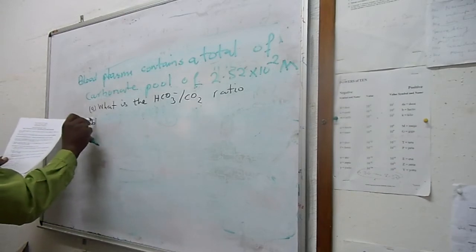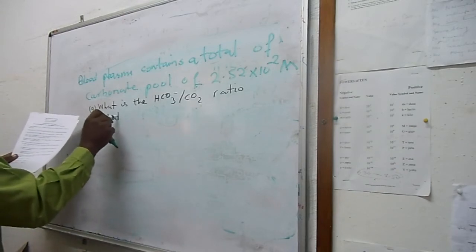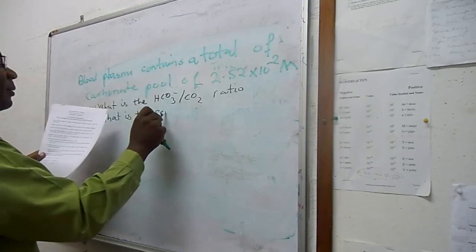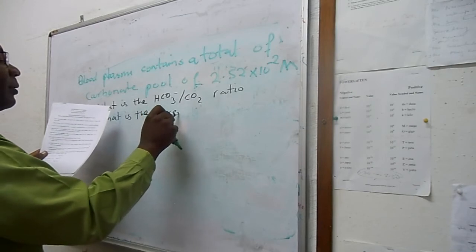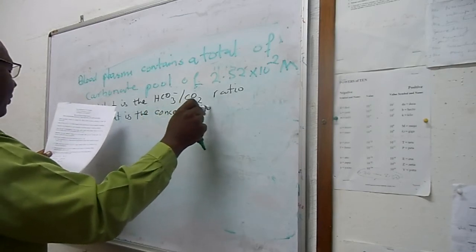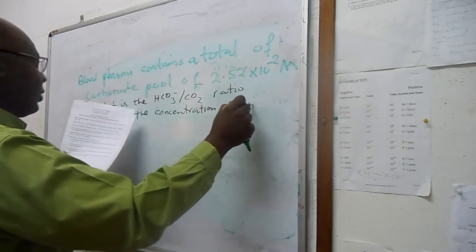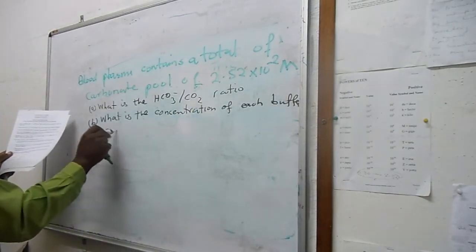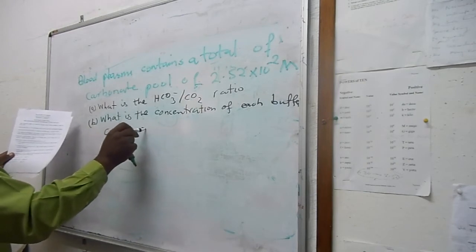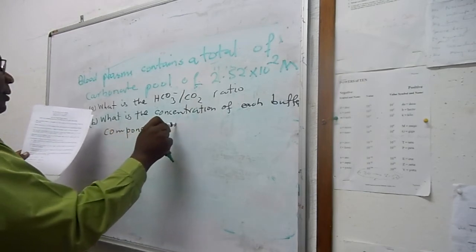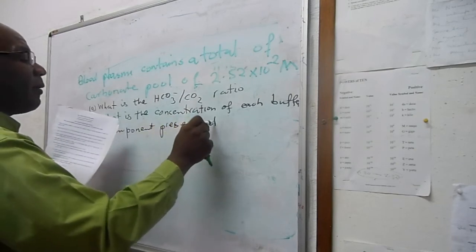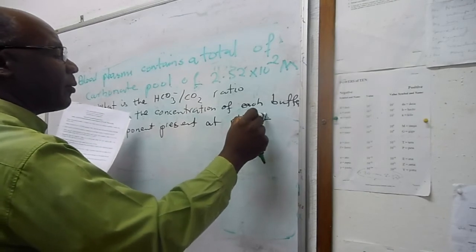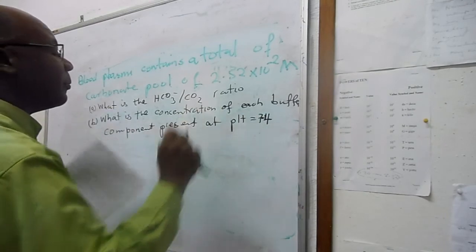Then B, what is the concentration of each buffer component present at pH equal to 7.4. It's not 4 but 7.4.